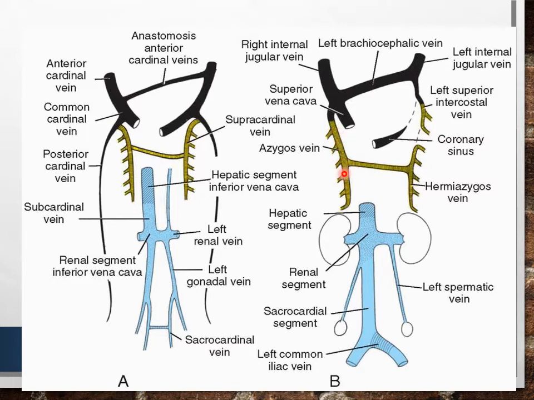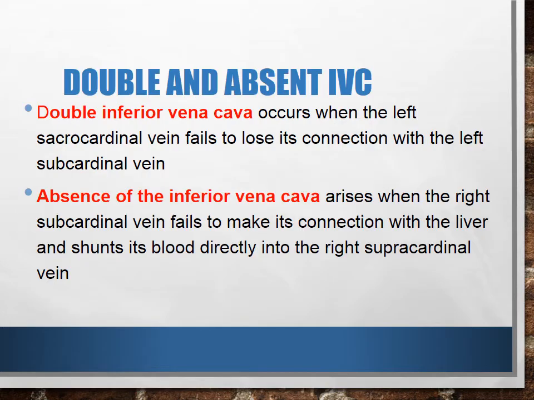So the supracardinal vein is giving rise on the right side to the azygous vein, and on the left side to the hemiazygous vein, which is draining the 4th to 7th intercostal veins.